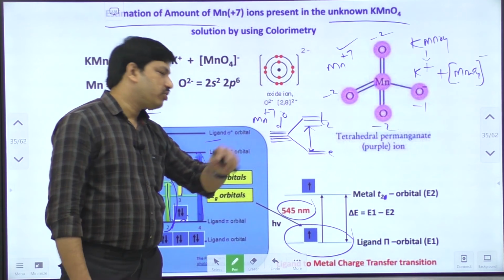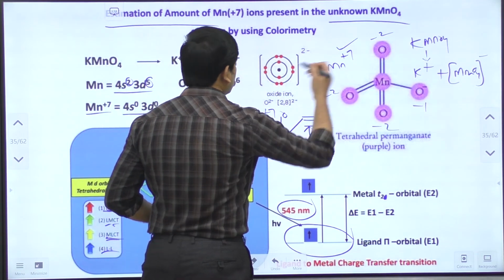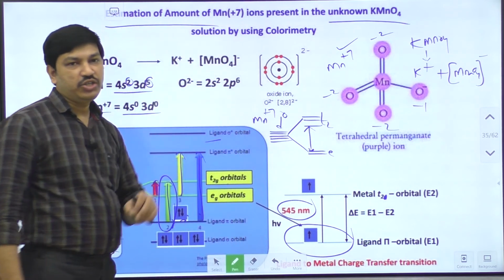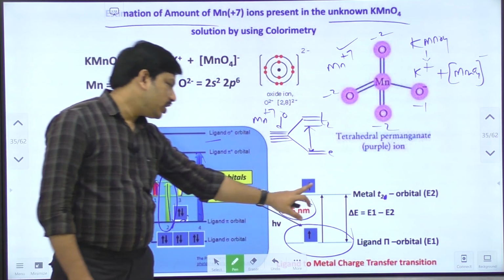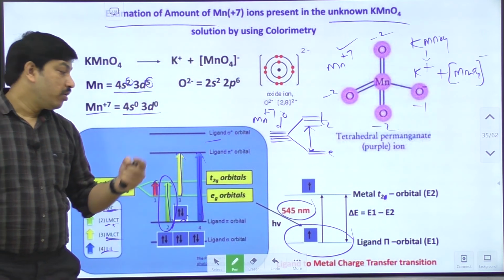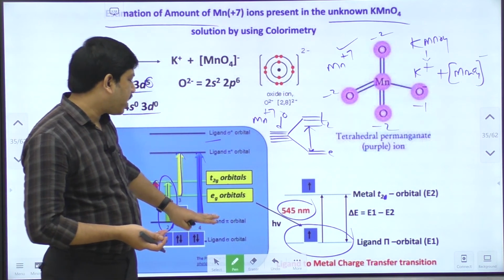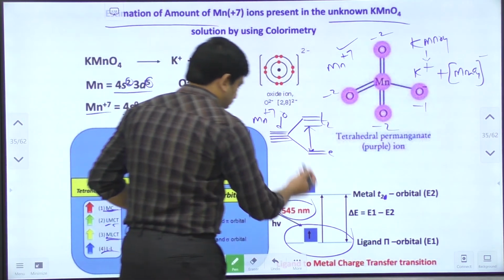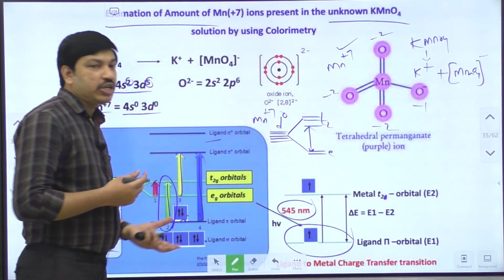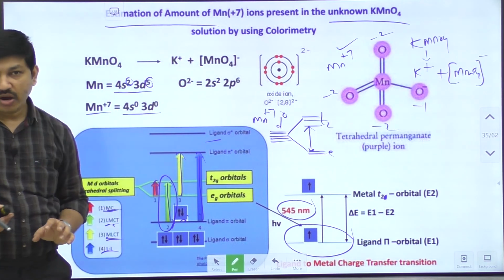That is the reason this compound absorbs in the visible region, 400 to 800 nanometers defined as the visible region, and it absorbs 445 nanometers in order to excite the pi bonding electrons to the empty metal d orbitals in this manner. So this transition is possible whenever we send light towards the potassium permanganate compound.